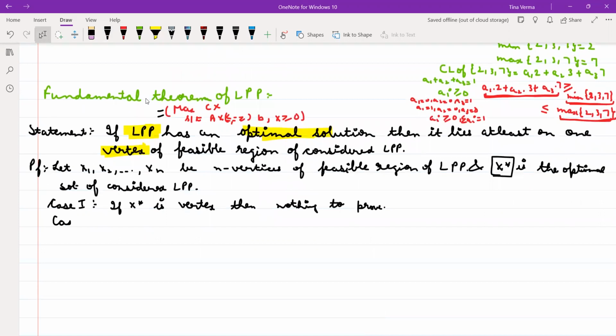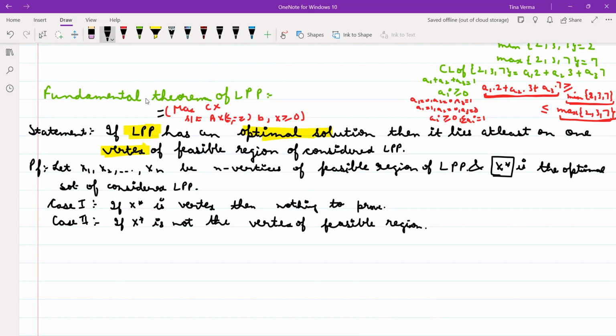The case two: if x star is not a vertex of the feasible region. If my x star is not a vertex, that means it is not an extreme point.